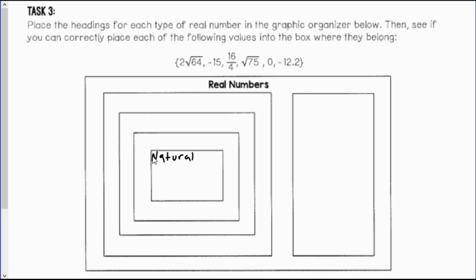Then my next smallest box is the set of whole numbers. Then my next box is integers. Then my next box is rational numbers. And then the box on the right is irrational numbers.